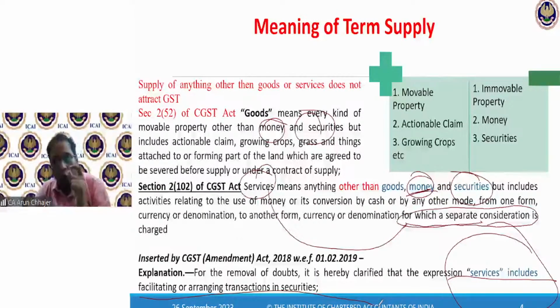They are not selling the security, but they are providing the assistance to me for buying or selling the security. And as a result, their transaction would be supply of service chargeable to GST.